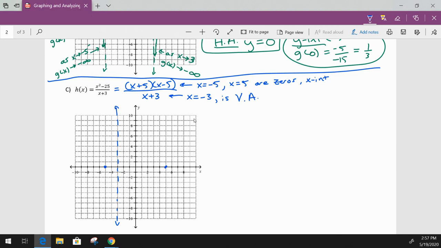Okay, and then to find the horizontal asymptote, again, we want to think about what's going to happen as x is approaching positive or negative infinity.